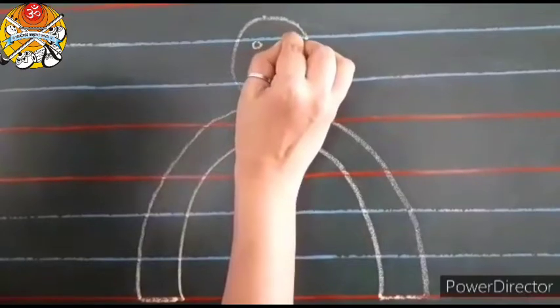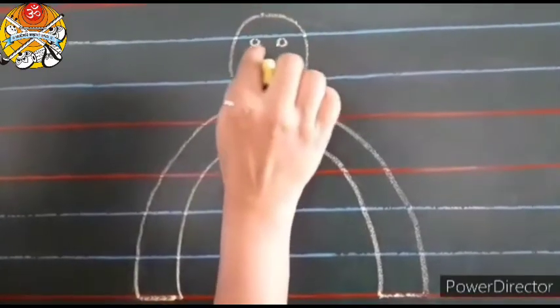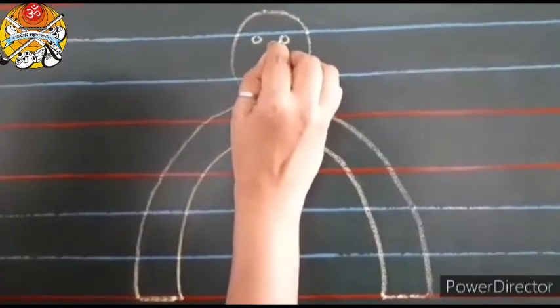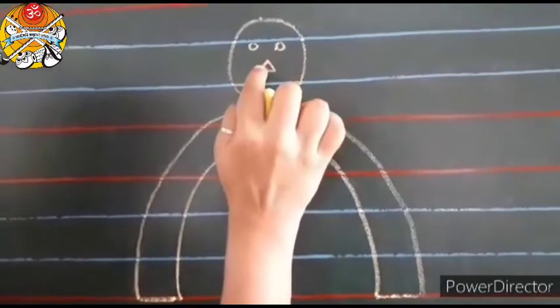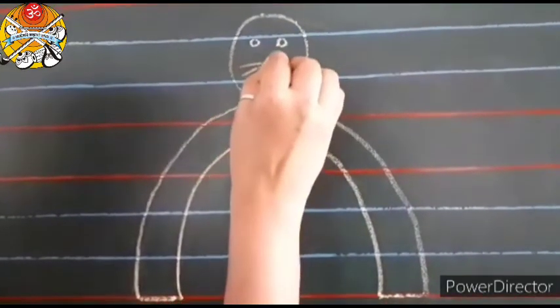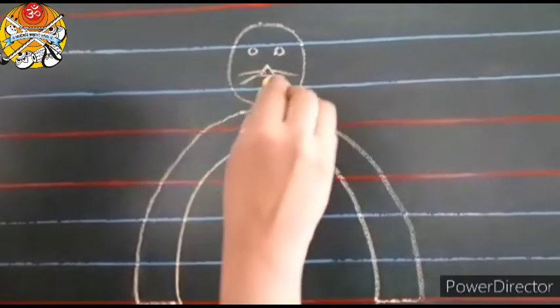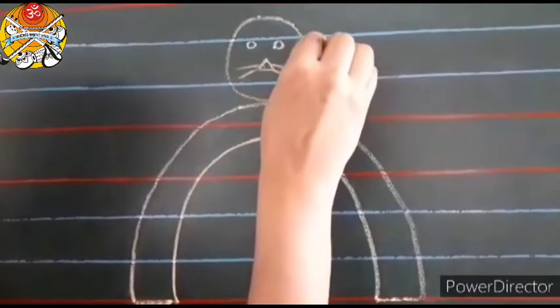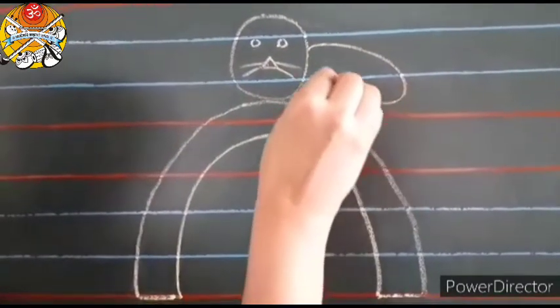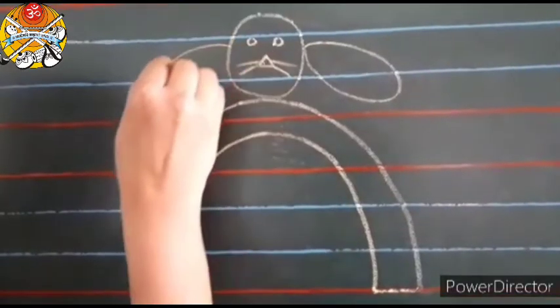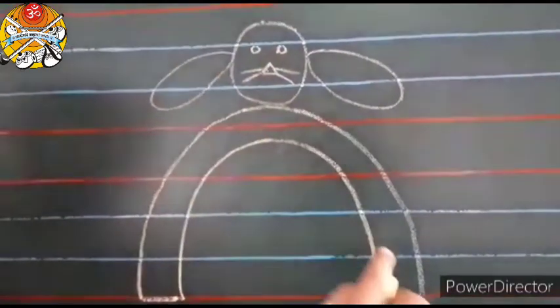So we will draw two small circles. This will be the eyes. A triangle. Dog's nose. Okay. And two sleeping lines. And here we will make two oval shapes. This will be the ears.